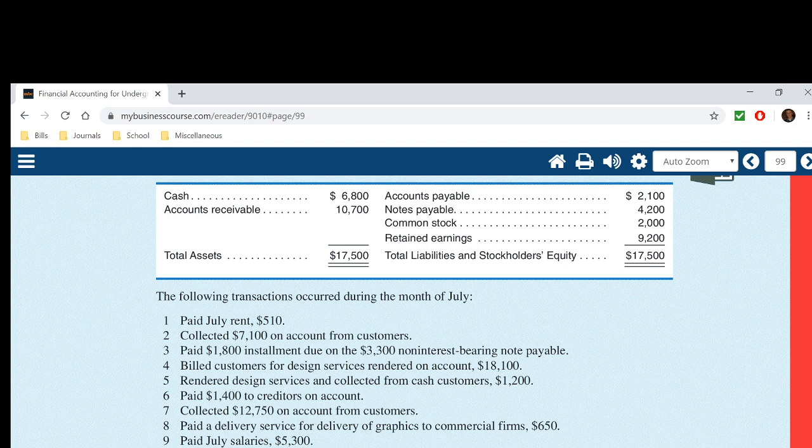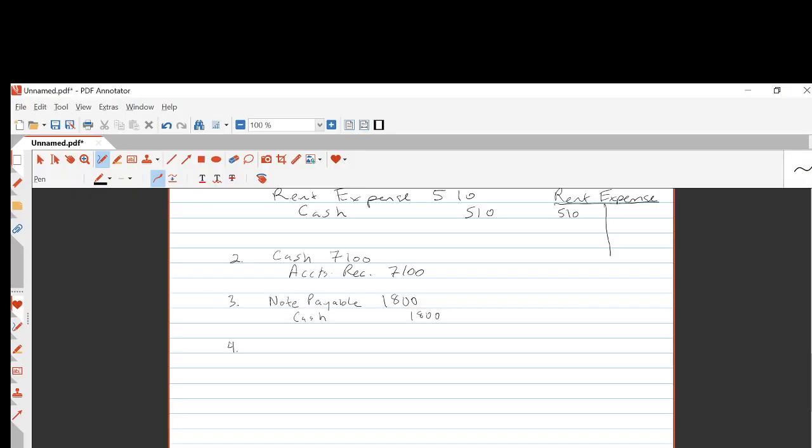We are owed $18,100. So accounts receivable should go up by $18,100, and revenue, service revenue, should go up by $18,100. How do we make accounts receivable, an asset, go up? We debit it. So we're going to debit accounts receivable, $18,100.